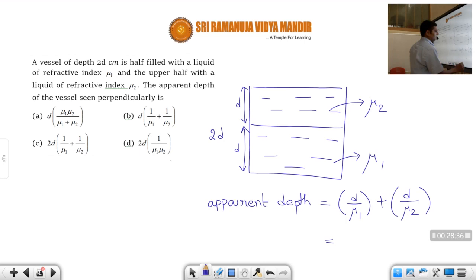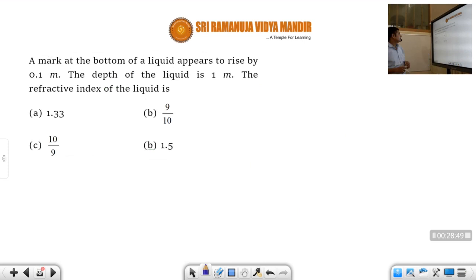I hope, students, you got this apparent depth and real depth. This is very important. A mark at the bottom of a liquid appears to rise by 0.1 meters. Okay, students. Next problem, suppose this is a tank. The depth of the liquid is 1 meter, the original real depth.